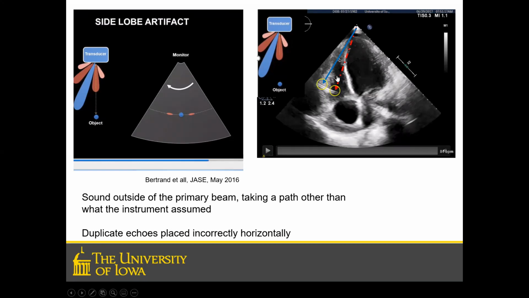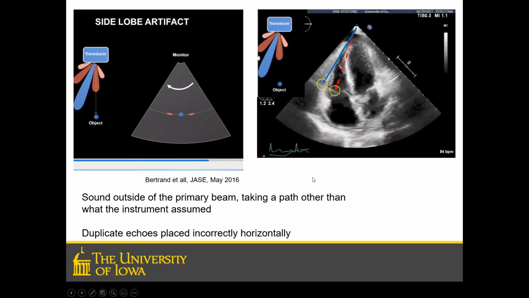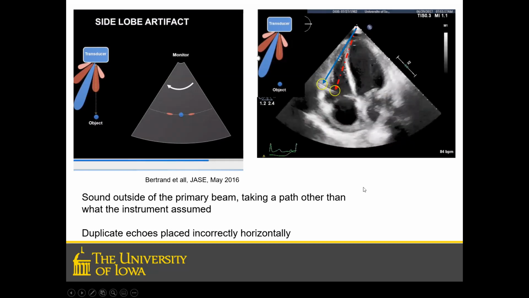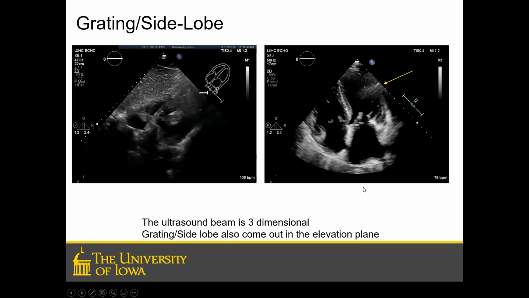But in this example, the primary beam came out this way, and this is the side lobe. So the side lobe hit the pacemaker wire, but it displayed it as if it was over here. So that's how a grating lobe might cause that artifact.